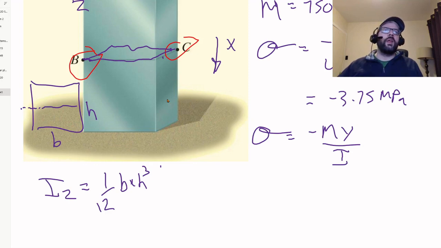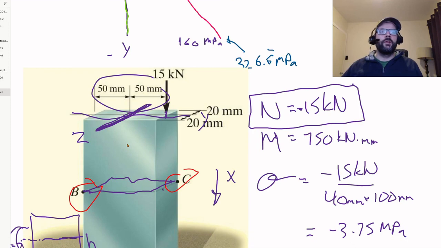So here, the h value that we would use will be 100 millimeters. The b value would be 40 millimeters, because we have to reorient ourselves such that this is the axis we're trying to rotate about, the z-axis.